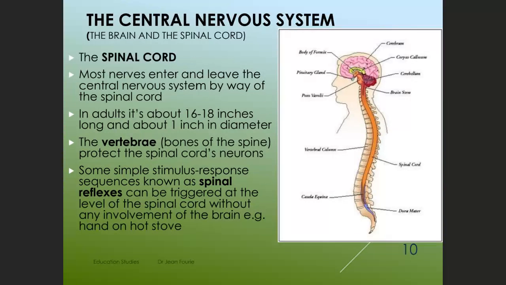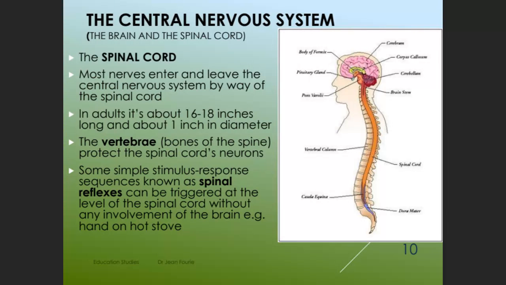If we look at the central nervous system, which consists of the brain and the spinal cord, we notice that the spinal cord has nerves that enter and leave the nervous system through the spinal cord, through our necks.